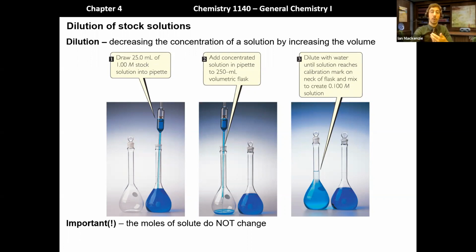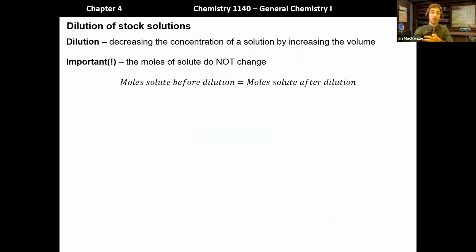Now we have a nice equation that helps us to relate the concentration before dilution and the concentration after dilution. That equation comes from the fact that the number of moles is constant. So the moles of solute before dilution are equal to the moles after dilution.